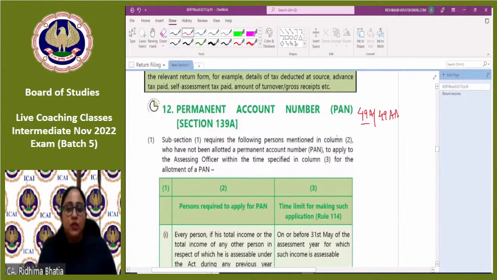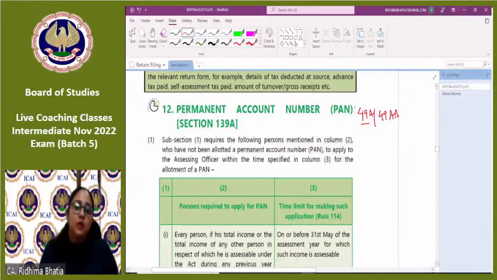Based on a simple application they allot you the PAN, where you have to provide your proof of identification, your address proof, and what is the category of person, whether you're an individual assessee or an HUF or a partnership firm. In the case of a company, PAN is now automatically allotted these days. The moment a company is incorporated, they are allotted a PAN number also through the SPICE form. Practical scenarios, this is how it happens.